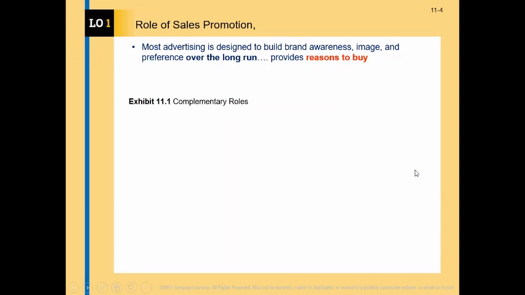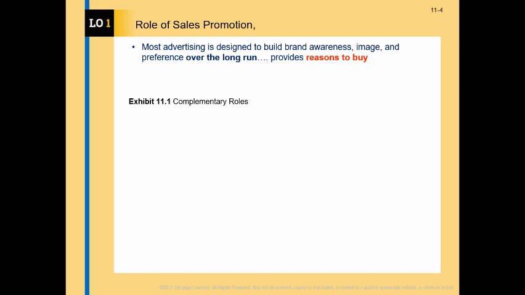Most advertising is designed to build brand awareness, image, and preference over the long run, right? Advertising activities are probably the most prominent tool of the promotion mix. We've talked about it. Advertising is something that provides reasons to buy.